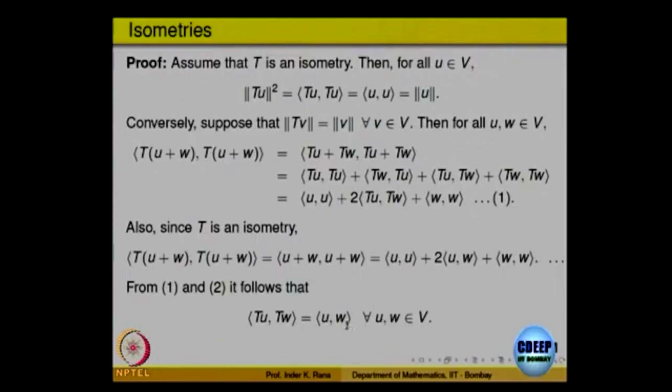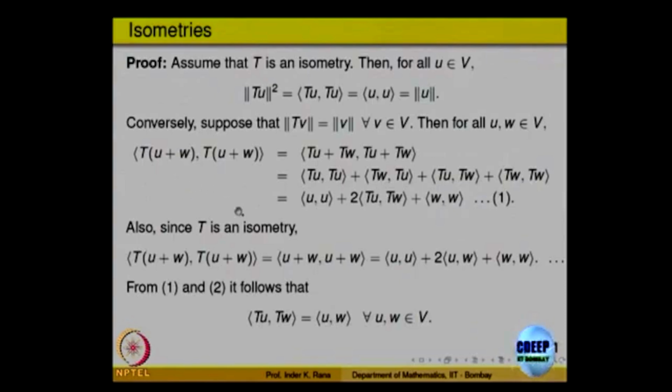Try to prove it yourself, okay, because I think there is some mistake. What we are given is, suppose this is true, then what do we want to prove? That the inner product of Tu comma Tv is equal to the inner product of u comma v, for any u and v. So if I take this, then these are 4 terms, that is okay, but this is the norm of u square and this is the norm of w square.